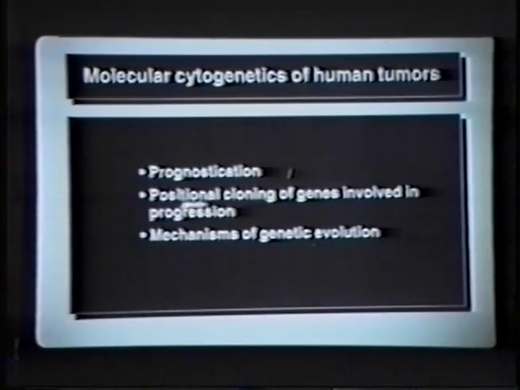Turns out that there are a large number of both oncogenes and tumor suppressor genes that are likely to be involved, especially in solid tumors, that have yet to be cloned, and we think that molecular cytogenetics has an important role in trying to facilitate the cloning of these genes. And then finally, we're interested in some of the basic biology of genetic evolution, and I'll talk a little bit about each of these areas in the remainder of this talk.